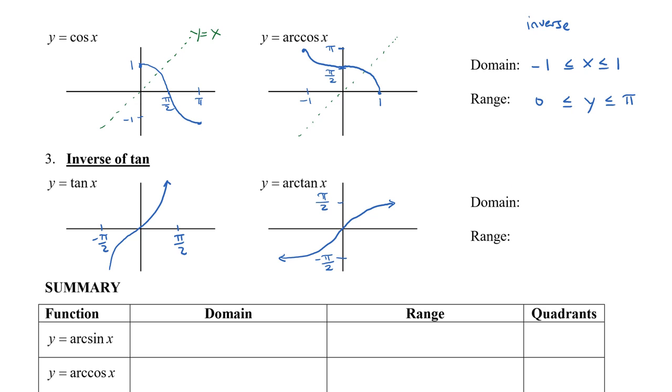So the domain is going to be all real numbers. And for the range, it will be from -pi over 2 to +pi over 2.